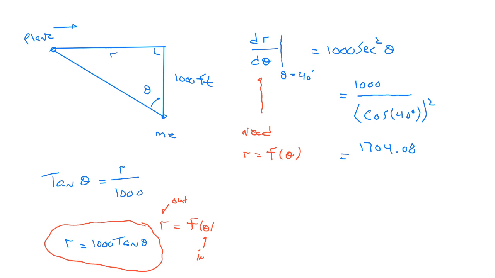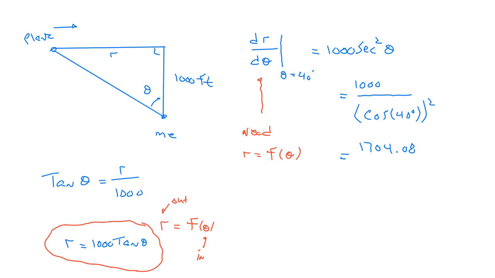But I also need to say one more thing before I finish this one. The units here are in units of r, which is the side of this triangle, that would be feet, over the units in theta. For derivatives and trig functions, the units for an angle are always going to be radians.